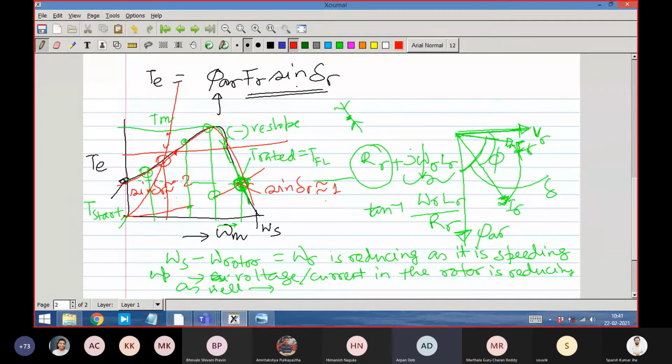Then at that time the current everything will be zero, induced voltage will be zero. Then how can there be a torque at that point? So the maximum torque is not at delta equal to 90, but some other angle.